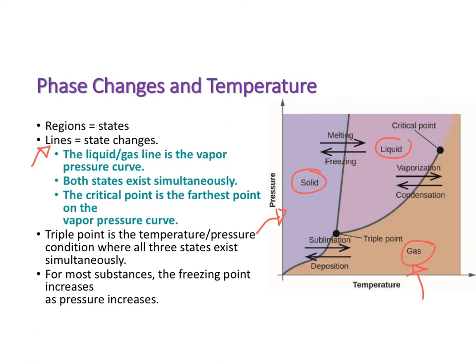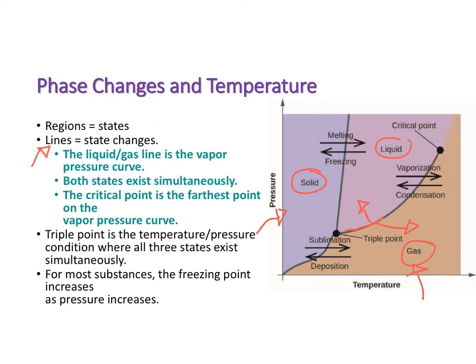So at this line, let's say you cross over here to the top, you will enter into a liquid phase. If we cross over here into the brown, you will reach gas phase.